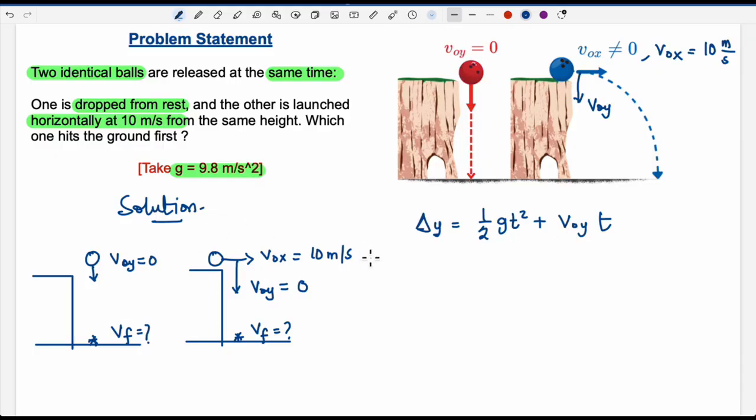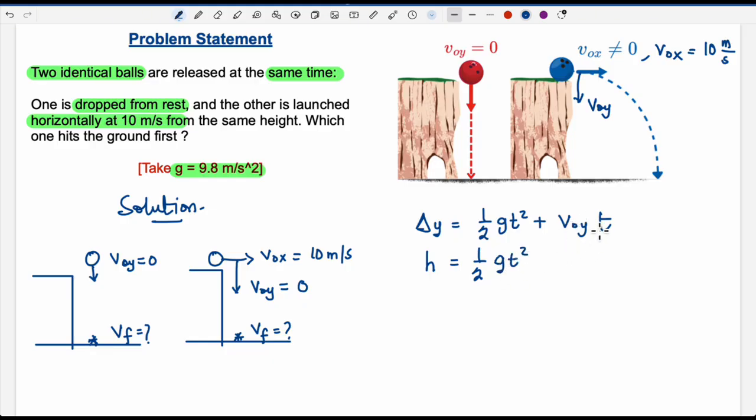So here, we know this delta y is simply the h, the height of this cliff, right? Or whatever height they are dropped from. So we can represent this as h equals 1/2 gt squared.